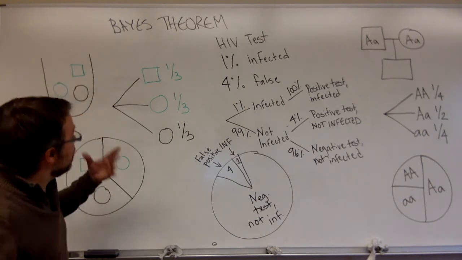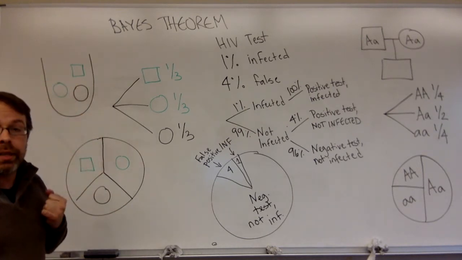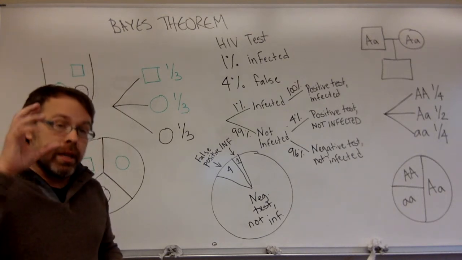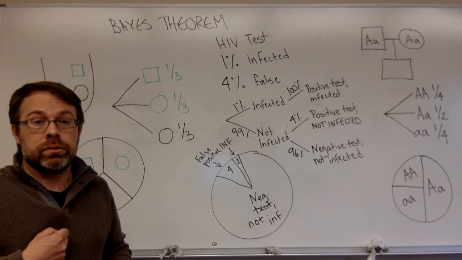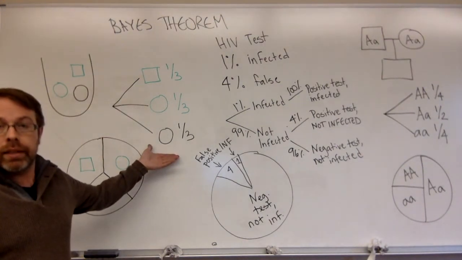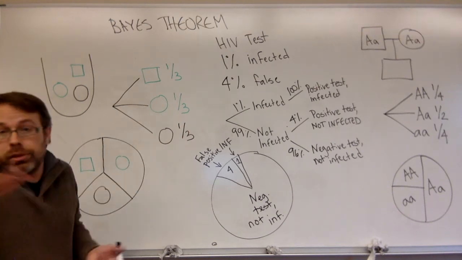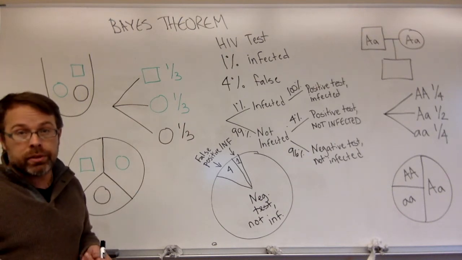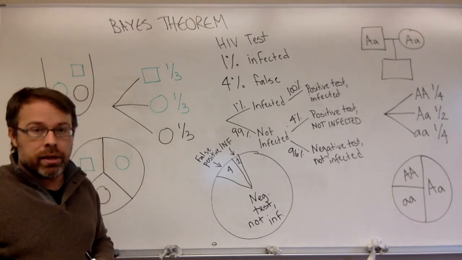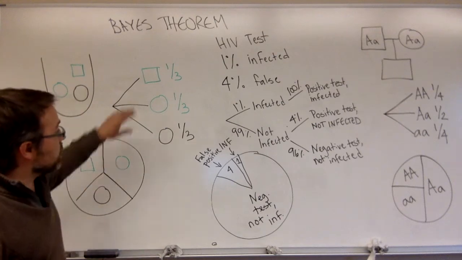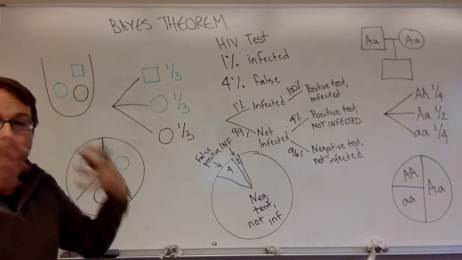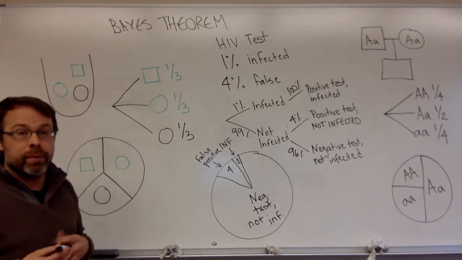For instance, I could ask a simpler question: you reach into the urn, you grab something, it's a black object. Now what's the chance that it's round? You would say, well, I know which object I got, because the only black object is the round one, so it's a 100% chance that it's round. So in that case, obviously knowing that it's black changes the probability. The same is the case for green. It's a little bit more subtle, but we want to update our probabilities based on our information.